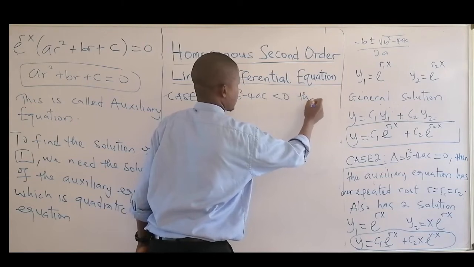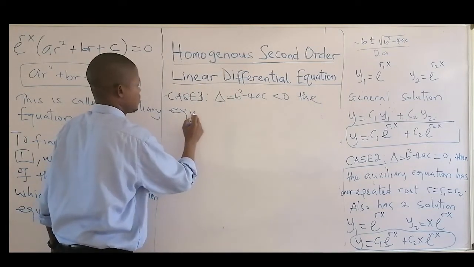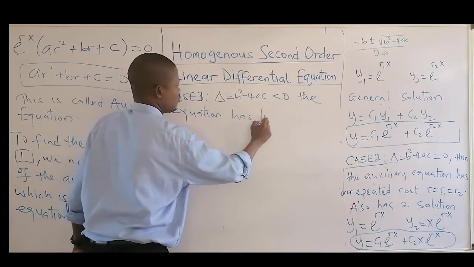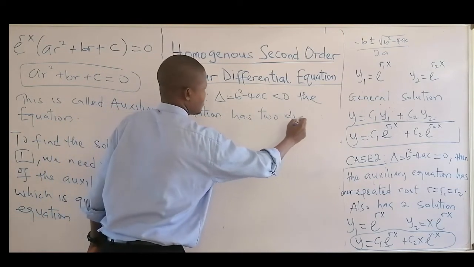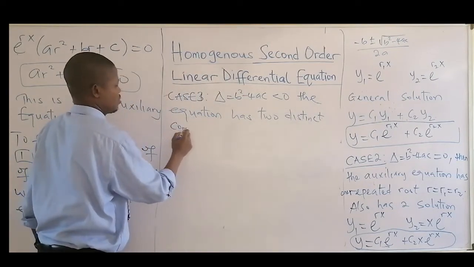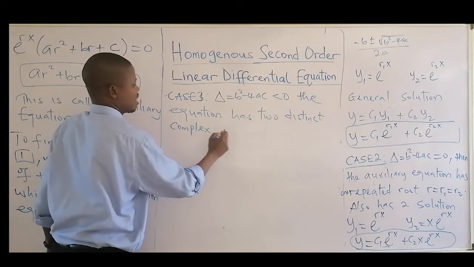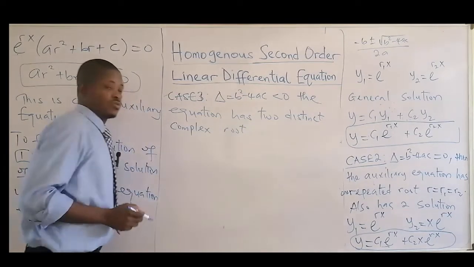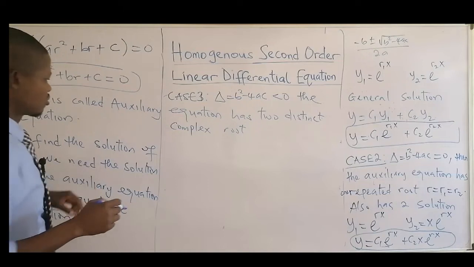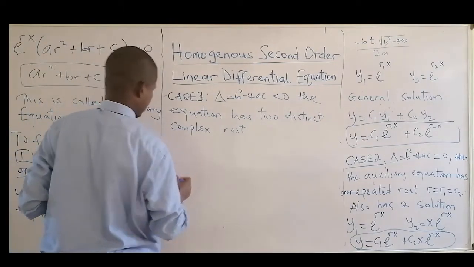Then the auxiliary equation has two distinct complex roots.